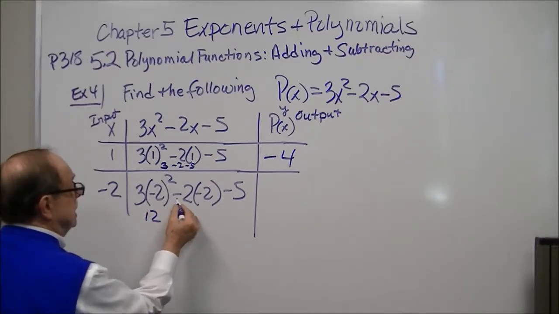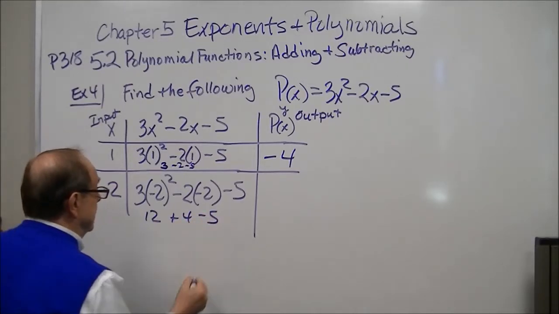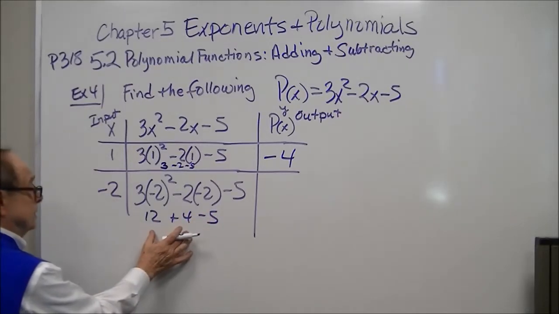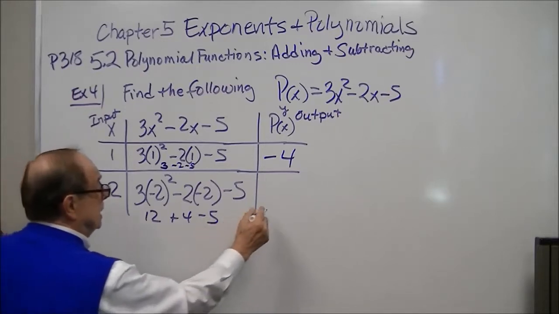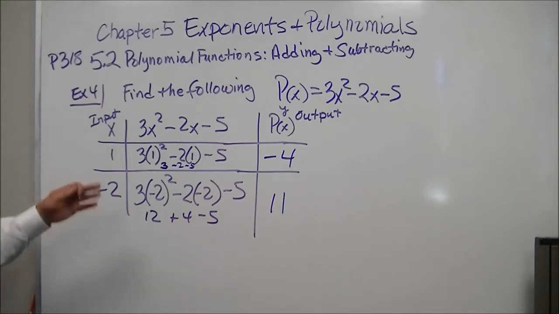This is going to be a -2 times a -2 is a +4 minus 5. So we have a 16 minus 5 gives us an 11. Now, you might be able to do some of this in your head, but again, when you're taking a test, you want to really be sure because you don't have any backup. You've put your answer in.